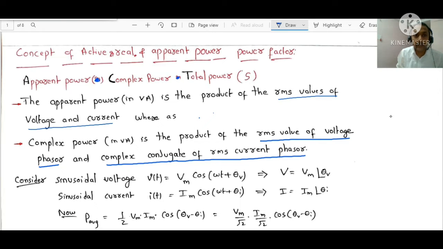Yes, if it is active power or real power, we express it in watt. But if it is apparent power or complex power or total power denoted with letter S, we have to express it in volt ampere. If the magnitude is high, we will write it in terms of kVA or MVA, kilovolt ampere, megavolt ampere, like that.